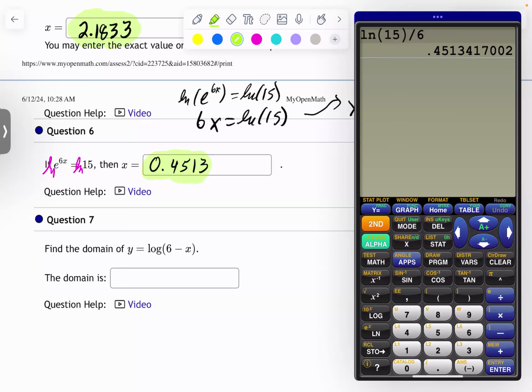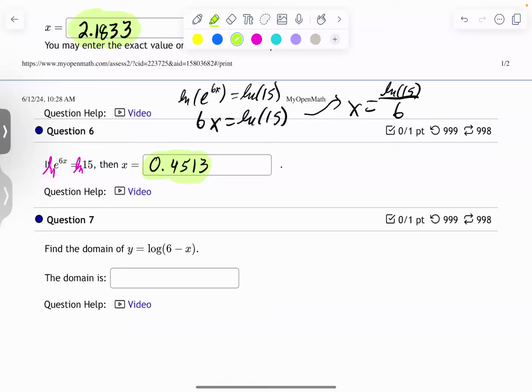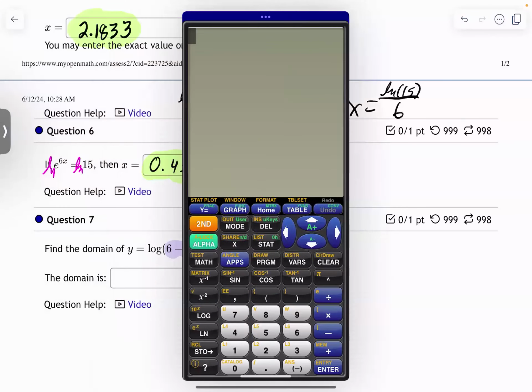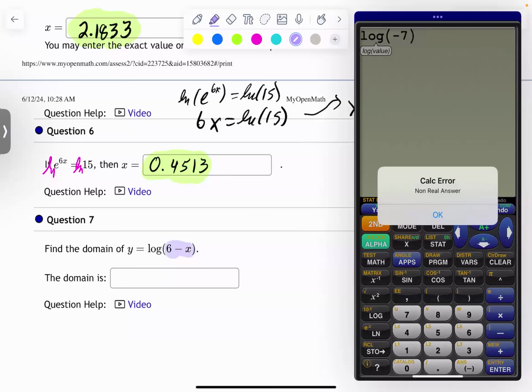All right, and our last problem is going to be find the domain. Now, the domain is going to be this part, the 6 minus x. Now, that part has to be positive. Let me show you. If I take the log of -7, it says, hey, don't do that.